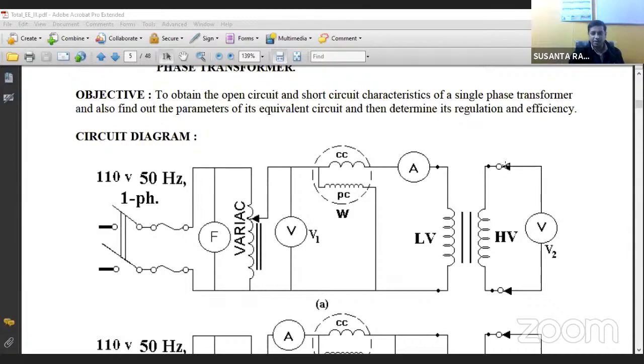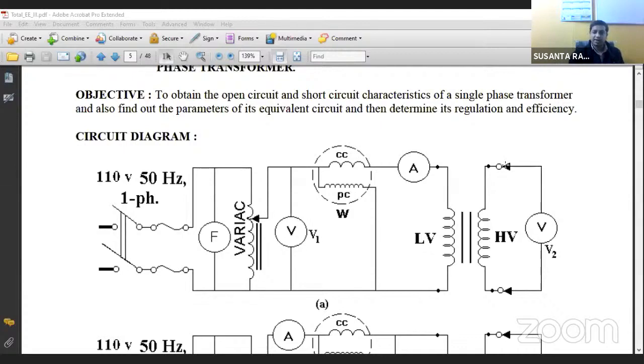If you measure the core loss when the high voltage side reads 110 volts, then that will be wrong. So you have to take the wattmeter reading corresponding to the 110 volt reading on the low voltage side. At this 110 volts on the low voltage side, whatever current you get from the ammeter is basically the no load current I naught.